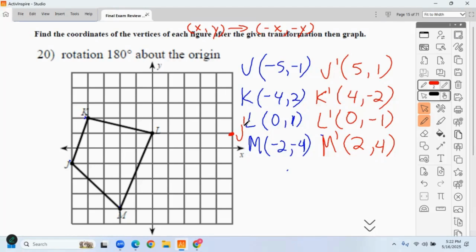Over 4, down 2. So over 4, down 2, looking here is K prime. Nice. Now L prime is 0, -1. 0 here in the middle, -1 is down this way. Okay, that's L prime. And then we're going to have M prime, which is 2, 4.